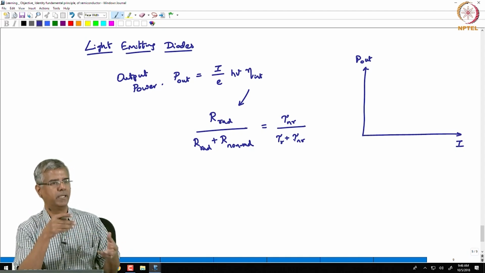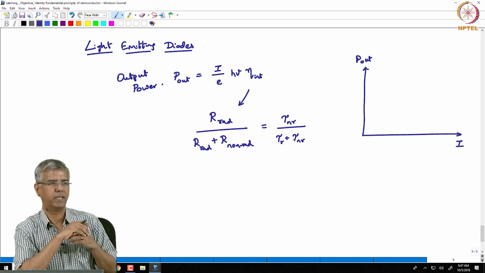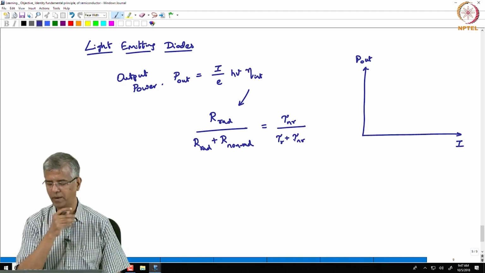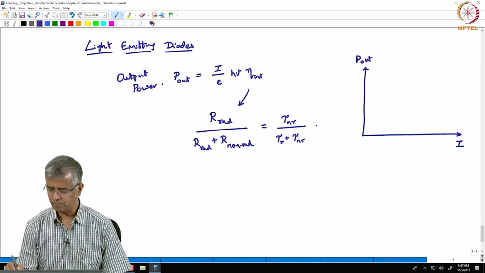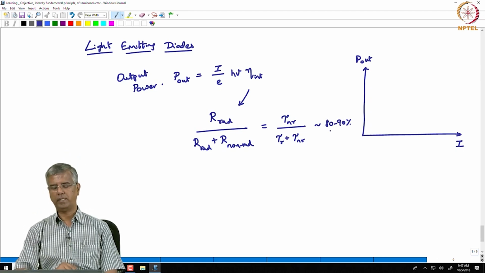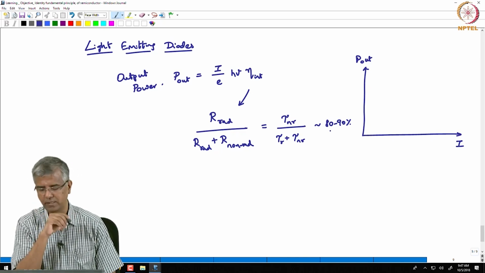So, tau r can be much less than tau nr in this case. For these heterostructures, you typically see that the values are relatively high, about 80 to 90%, or 0.8 to 0.9, as far as gallium arsenide is concerned.